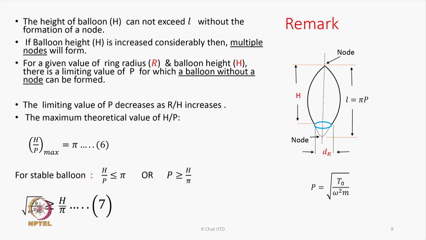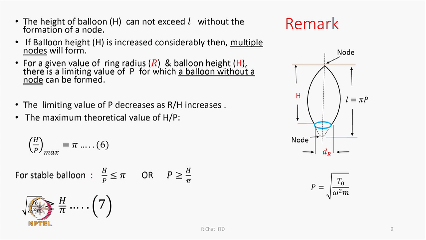We are writing the same thing, and if I replace p by root over T 0 by omega square m, then for a stable balloon this condition has to be met: root over T 0 by omega square m should always be greater than h by pi. Unless this condition 7 is met, a stable balloon cannot be formed.